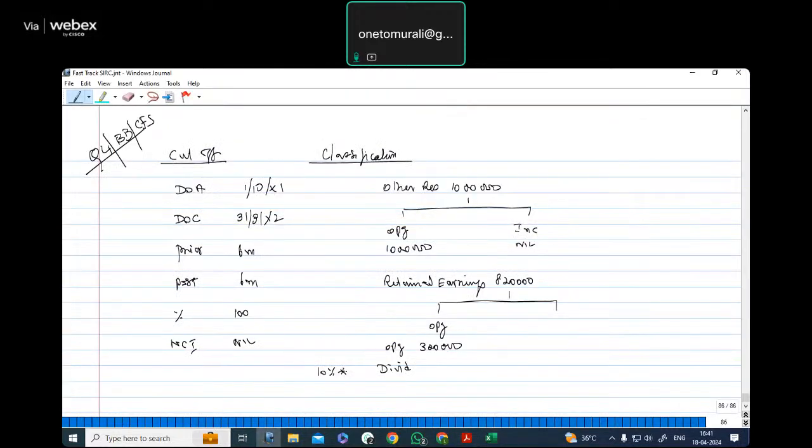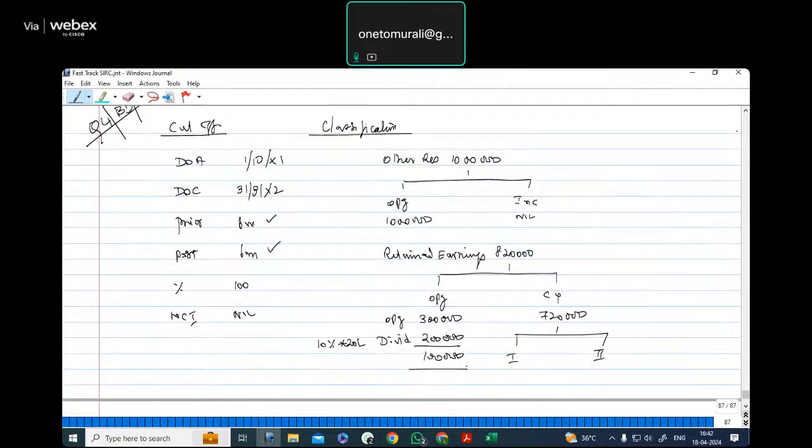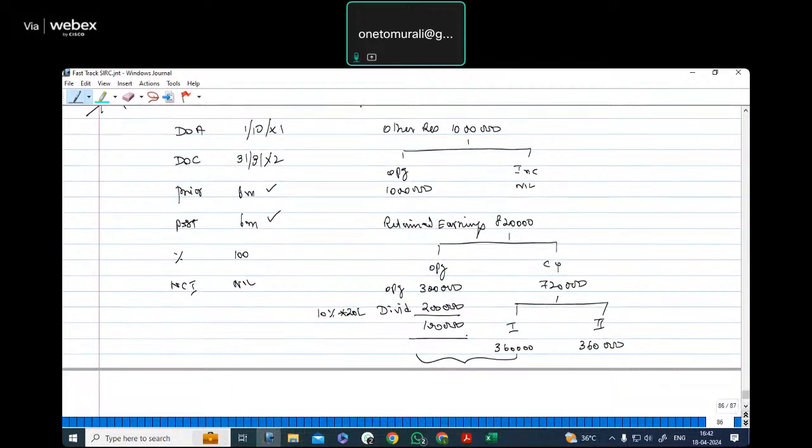So 2 lakhs they have disbursed out of that. So opening balance to the extent of 1 lakh only, and the current year is 7 lakh 20,000. First half and second half, because we have to take up 6 months each, 360,000 each on a time basis. 460 as capital profit, and this will be revenue profit.